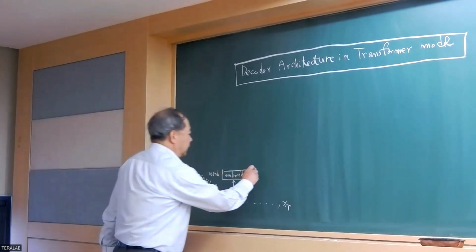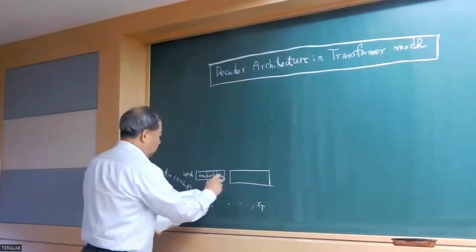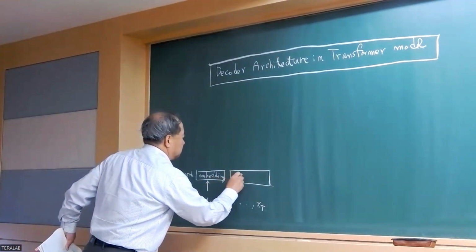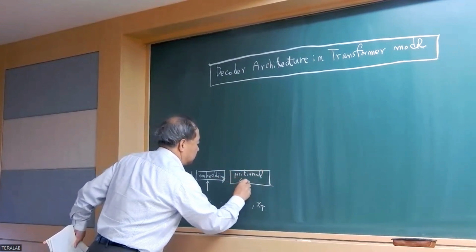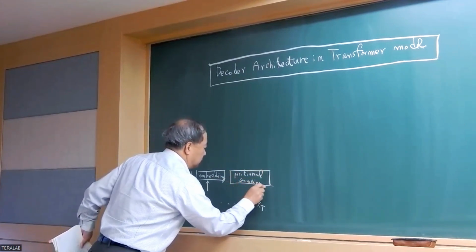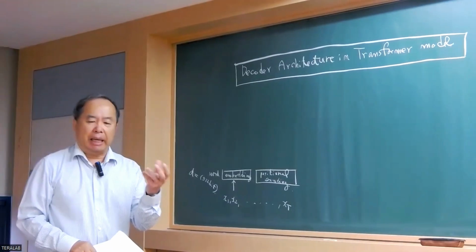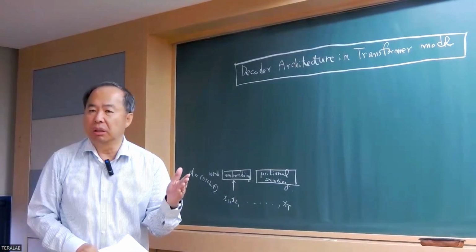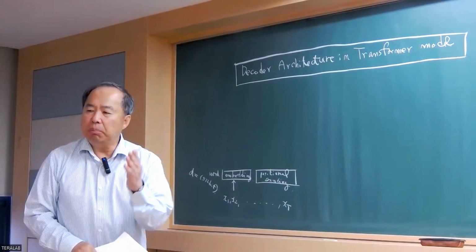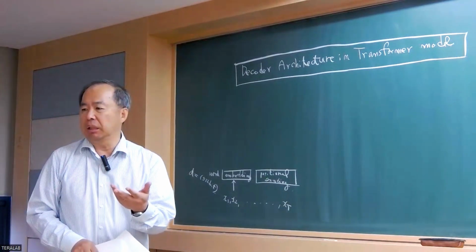In addition to that, we have positional encoding. Our language has different meaning depending on the position of each word. So word position is very important to deliver a meaning.